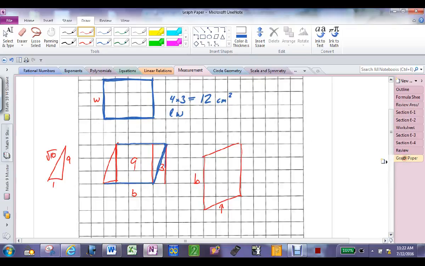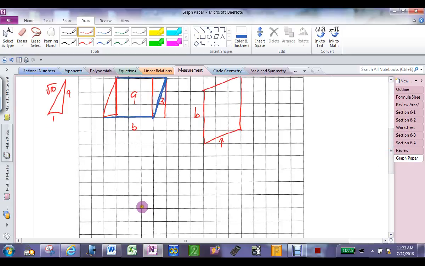Now you guys are smart kids. Come back to this. When I lean that rectangle over, could we do LW? No. So when we lean the rectangle over, what did LW become? Base times height. So when I lean that rectangle over, I get half a parallelogram, don't I?